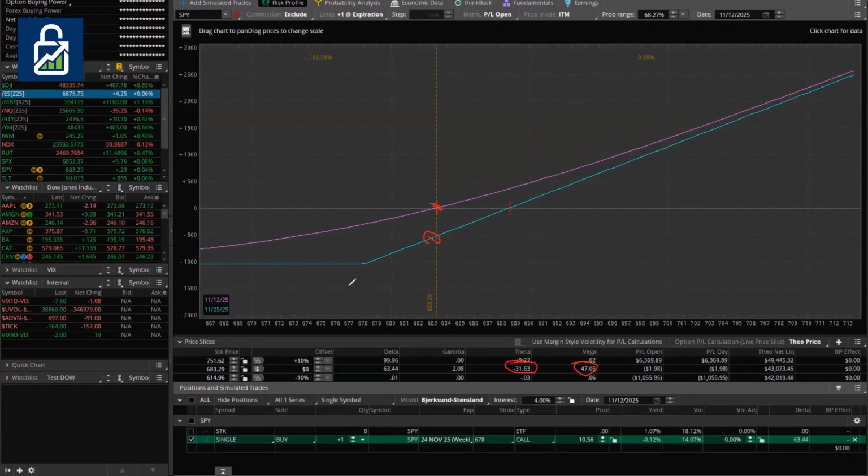So I want to think of this: how does the model explain the difference between this and this? It explains it in theta and Vega. So theta is this theoretical exponential curve that increases as you get closer to expiration.